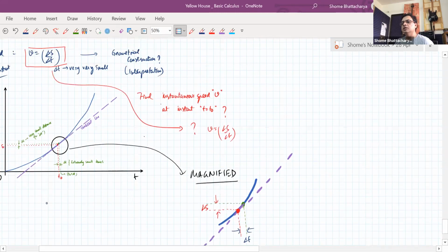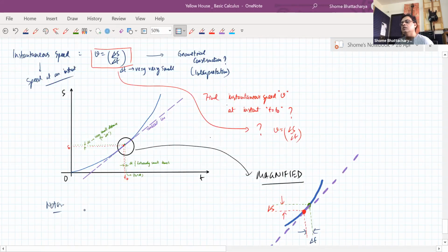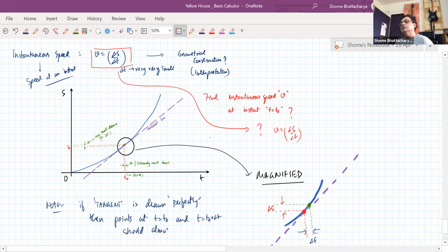So now the point here is, in this construction, if the tangent is drawn perfectly, then the points at t equal to t0 and t equal to t0 plus delta t should almost merge, or at least they should be consecutive points.